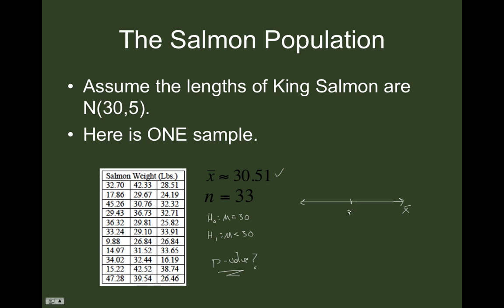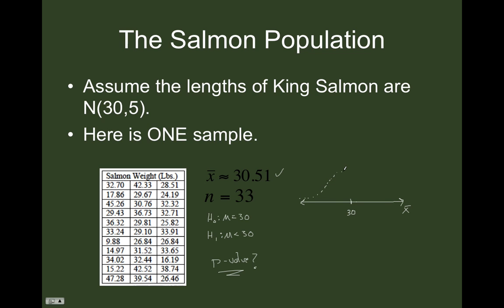Now, since the null is that mu is equal to 30, I'll put 30 on that axis. But first of all, how can we be sure?